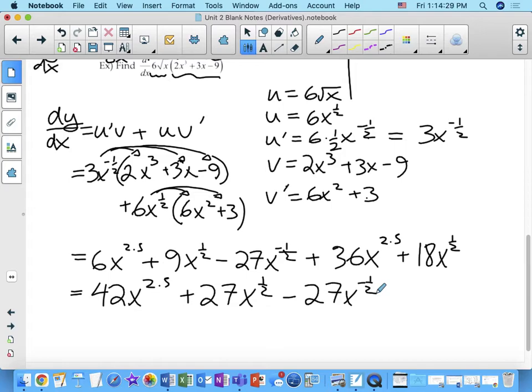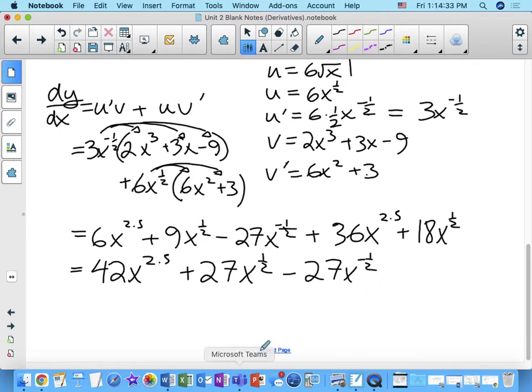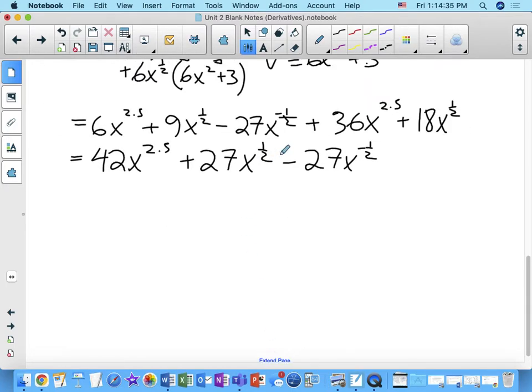Okay, and then we can go ahead and put this stuff into radical form. I would at least make this exponent positive. If you want to leave them in exponential form with rational exponents, that's fine, but make this guy positive. But I'm just going to show you, as a review, how to do that. So 2.5 is 5 over 2, right?